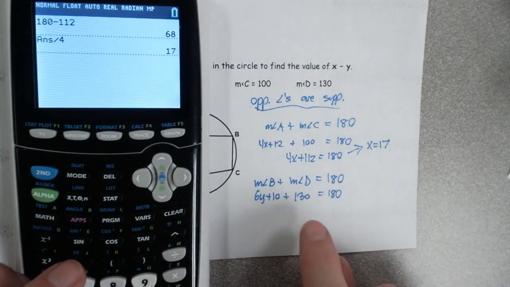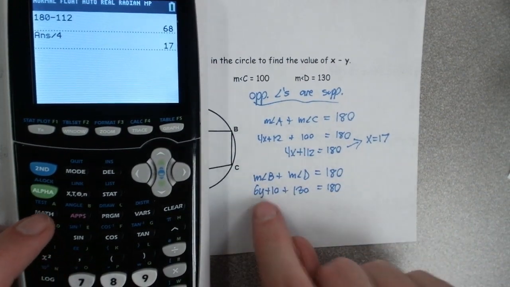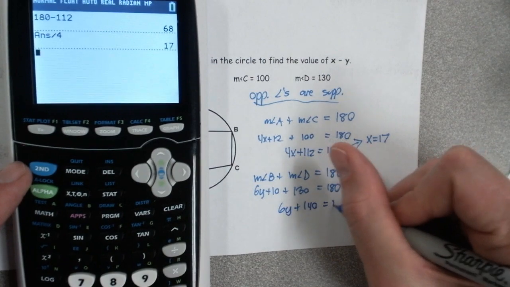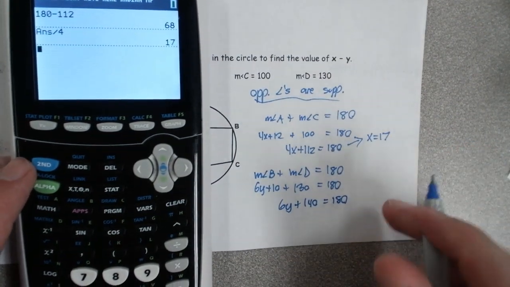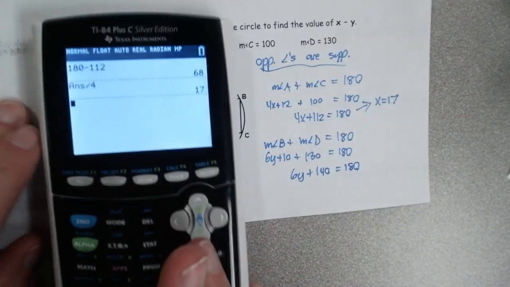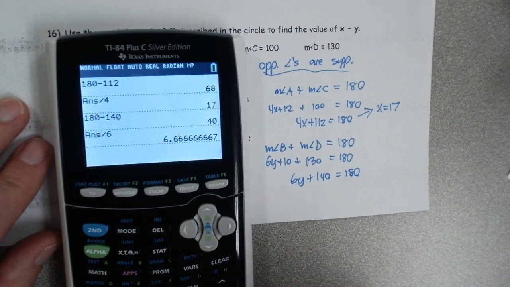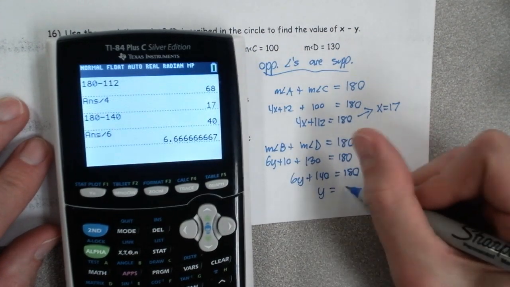Okay, so for y, you're going to do 6y plus 140 equals 180. And let's go ahead and solve that out. 180 minus 140 is 40. And divide by 6, and you'll get about 6.67.